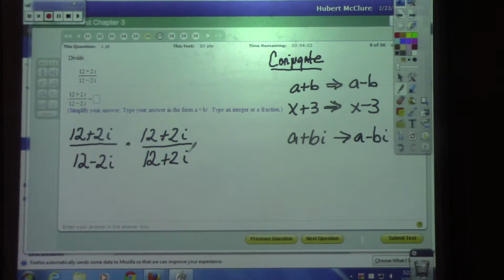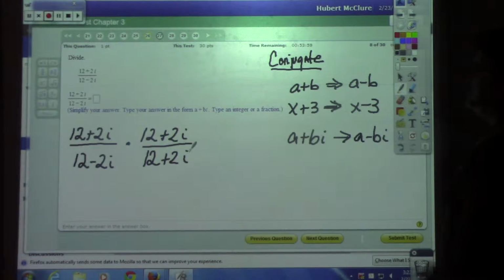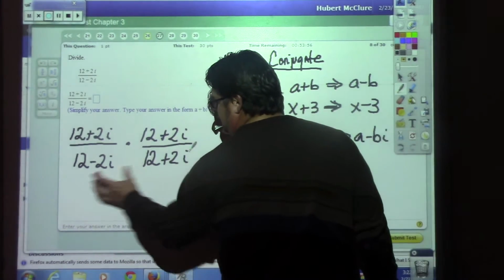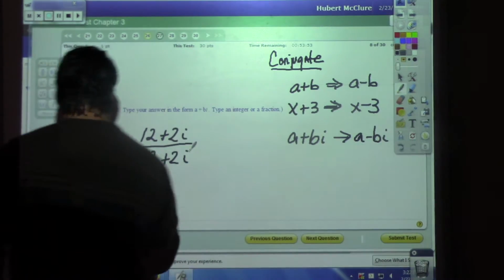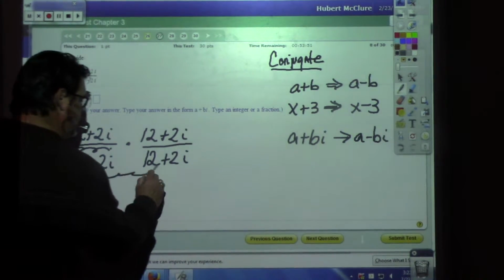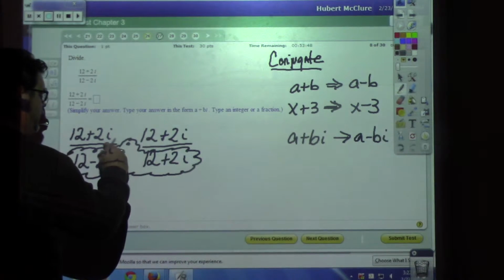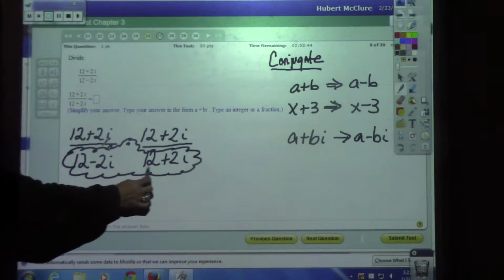It will always give you shortcut number 3. When you multiply by the conjugate in the denominator, you will always get shortcut number 3.